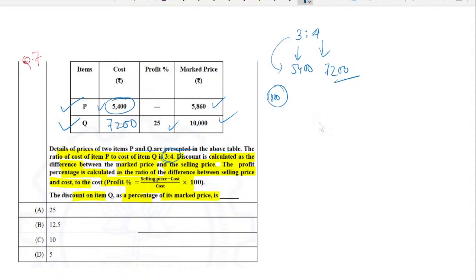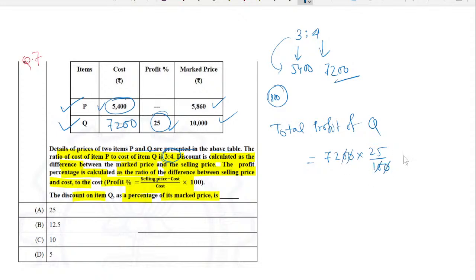Now we first calculate the selling price of Q after a profit of 25%. So selling price means, we first calculate the total profit of Q. This is equal to 7200 into 25 by 100. This is the total profit.